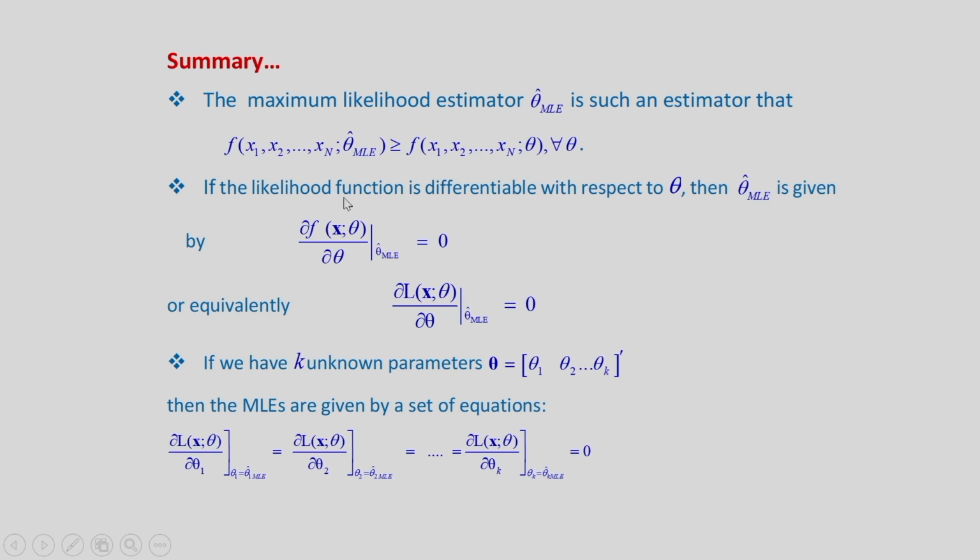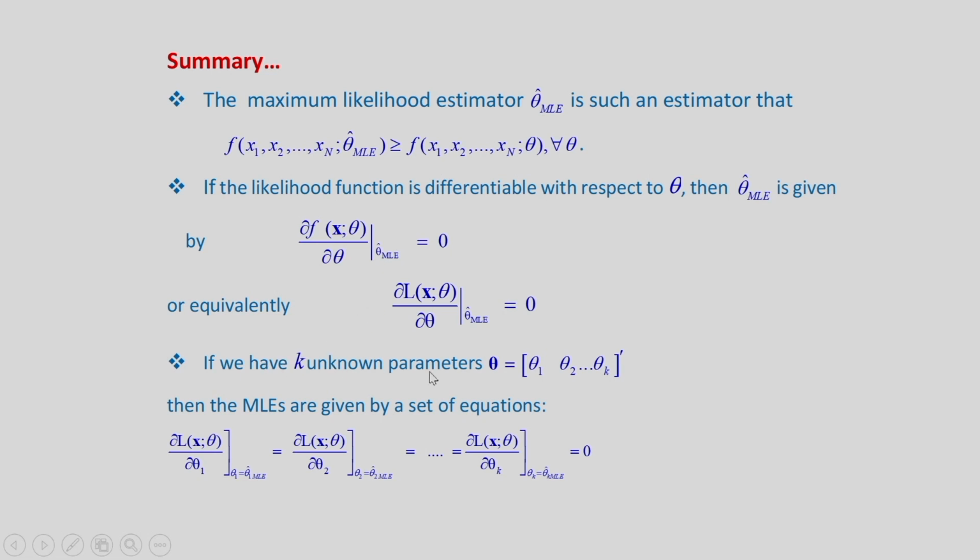If the likelihood function is differentiable with respect to theta, then theta hat MLE is given by this relationship: partial derivative of f with respect to theta at theta hat MLE is equal to 0, or equivalently in terms of the log likelihood function, del L del theta at theta hat MLE is equal to 0. So, this is the equation we solved to find the value of theta hat MLE.